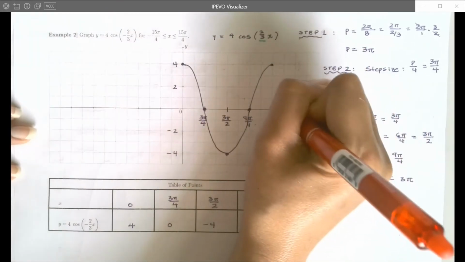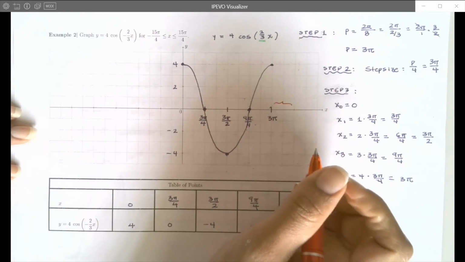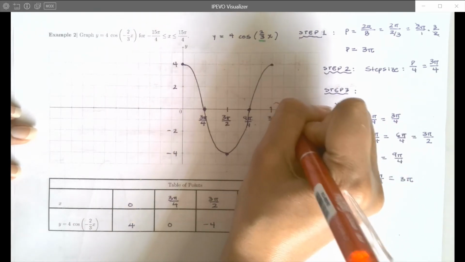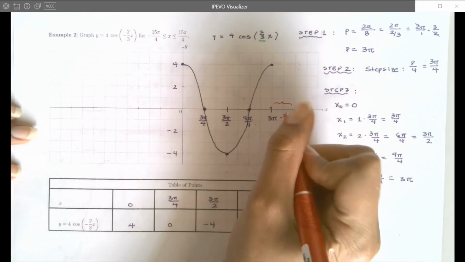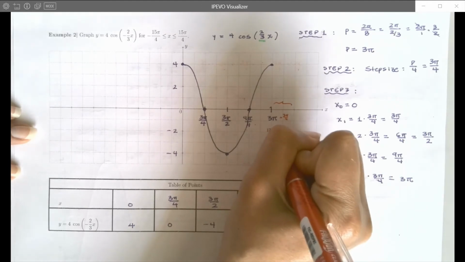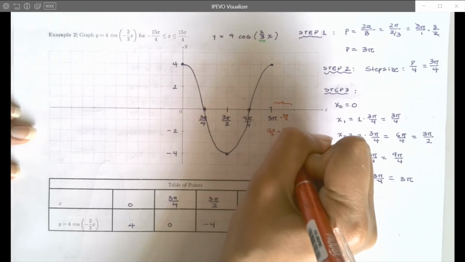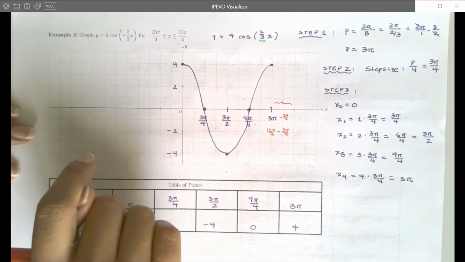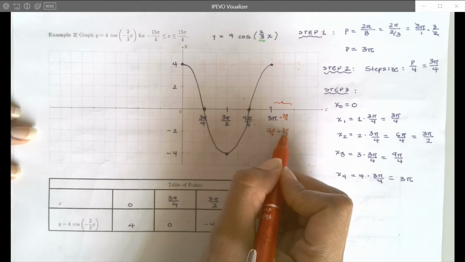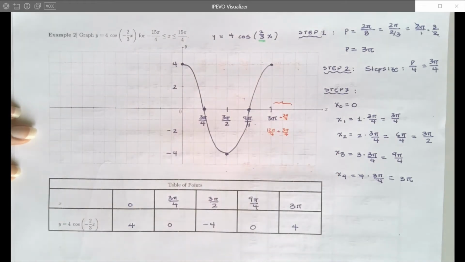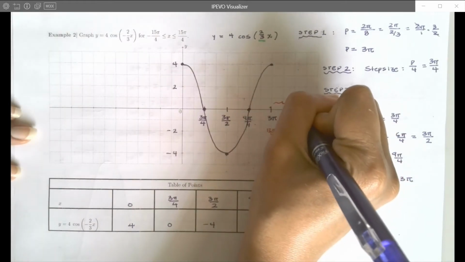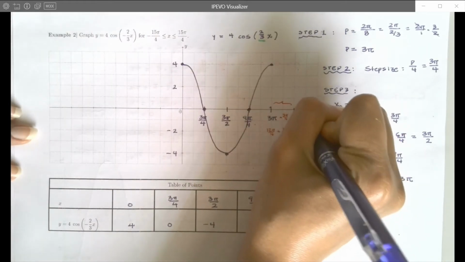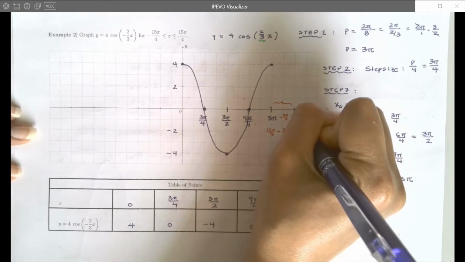So if I add a 3 pi over 4 here, this is essentially going to become 12 pi over 4 plus 3 pi over 4, just rewriting it so I have the same denominator. And that's going to give me 15 pi over 4. Okay, so that means we only have to extend it one more tick mark to the right.